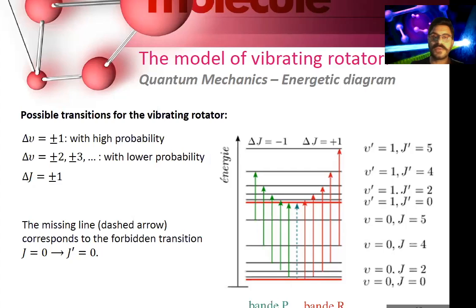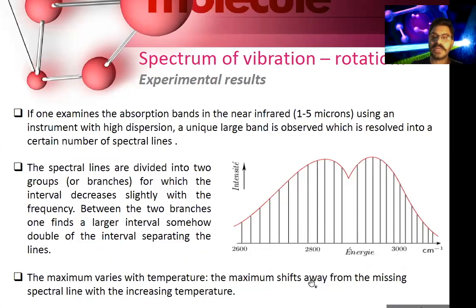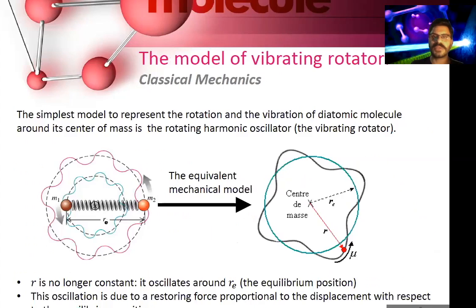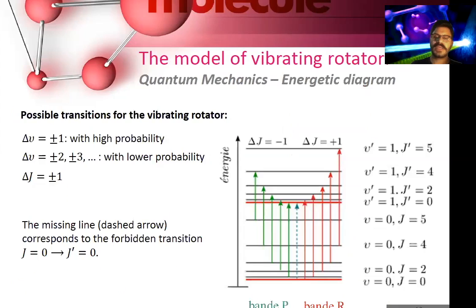You can't go from one row to another and keep your seat. When I say it's not allowed, it means that at this wavelength that corresponds to this transition, there will be no line. And this will show up later on, this gap. So this gap corresponds to the transition that is not allowed between the two levels of vibration, which corresponds to delta J equals 0.